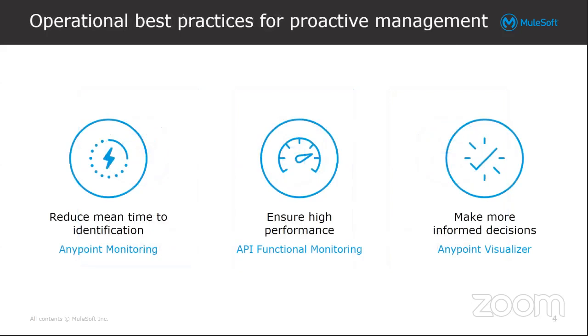A few of the operational best practices, and why we need monitoring, is this: data is everywhere. There's so much data that search and correlation becomes difficult when we are trying to resolve issues, because the state of the systems changes very quickly. We need to know the state at regular intervals to reduce the mean time to identification and mean time to resolution.